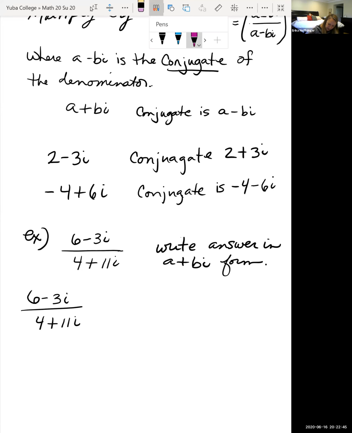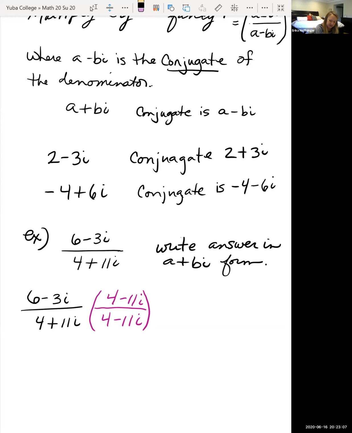And that fancy one is going to be made by taking the conjugate of the denominator. So 4 plus 11i, the conjugate is 4 minus 11i. Whatever we do to the denominator, we also have to do to the numerator. So notice I'm going to have to distribute.